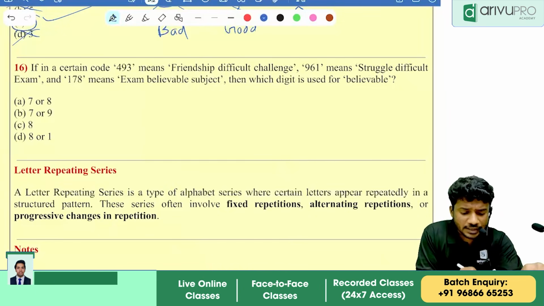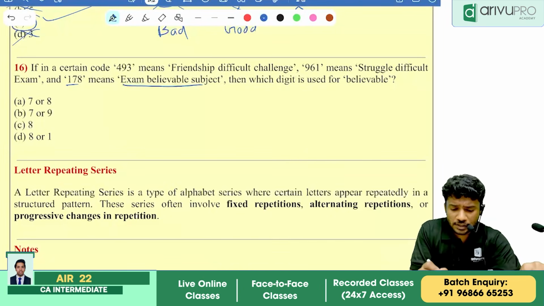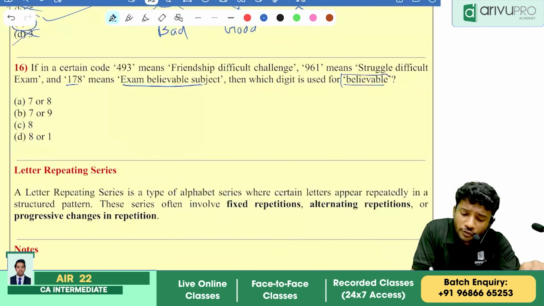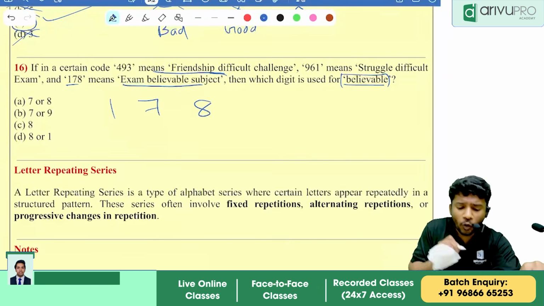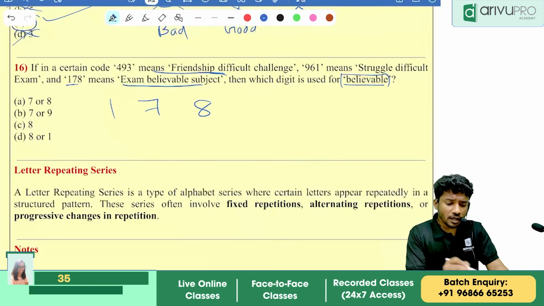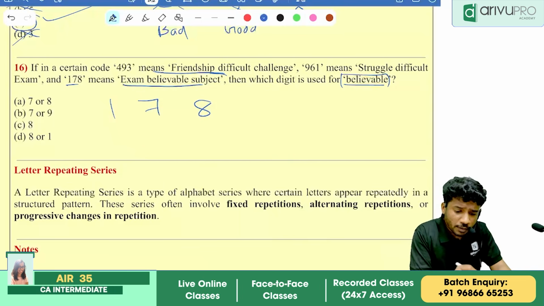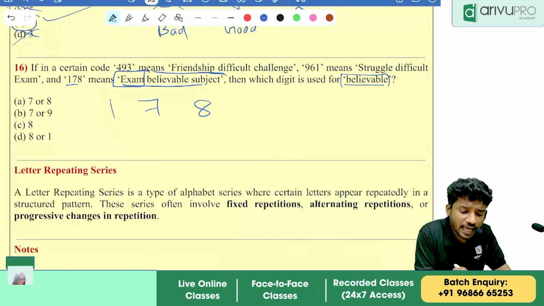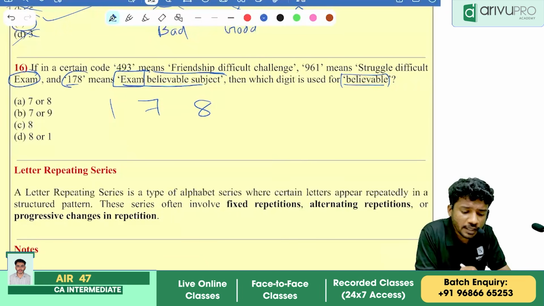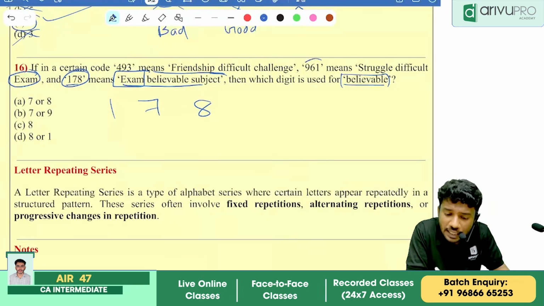First one. 788 means exam believable subject. What is the digit used for believable? Believable is in what? The 1, 7 or 8. Now we will check. Is believable there in common between anything? No. Then check subject. Is subject anywhere? No. We need to check exam. Exam is common in 178 and 961.